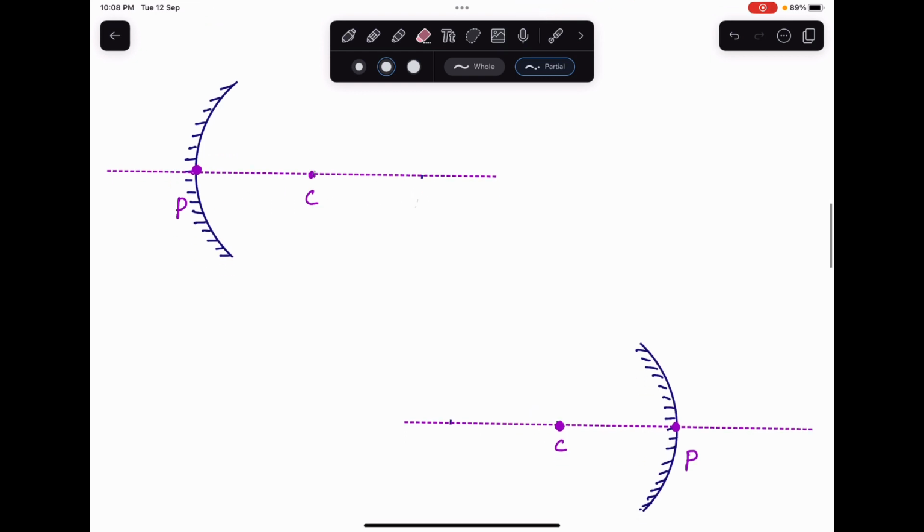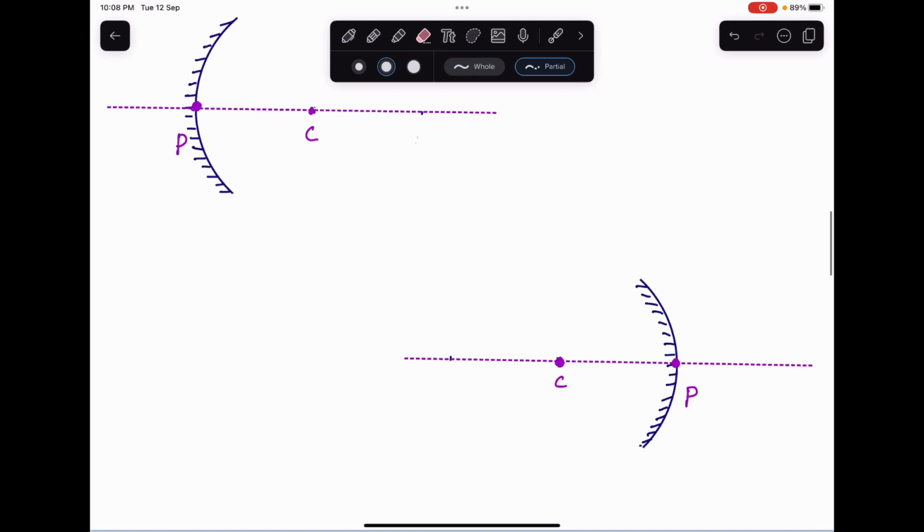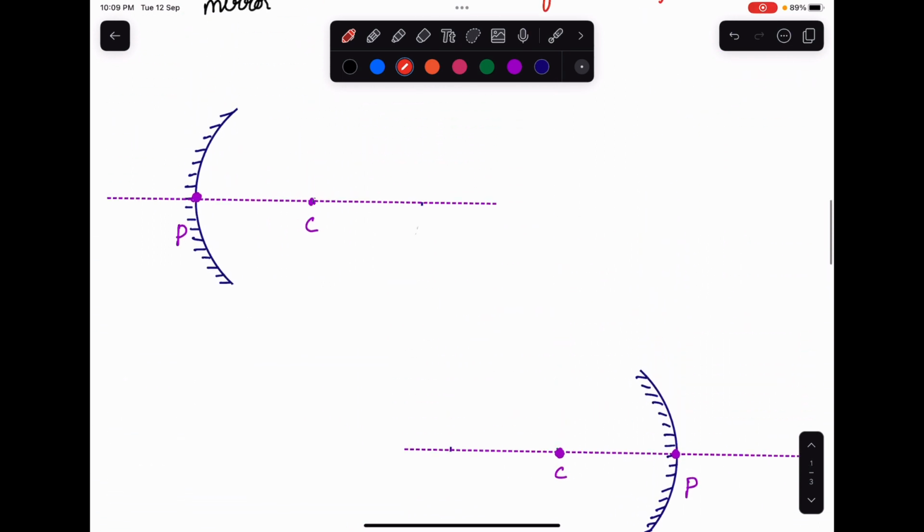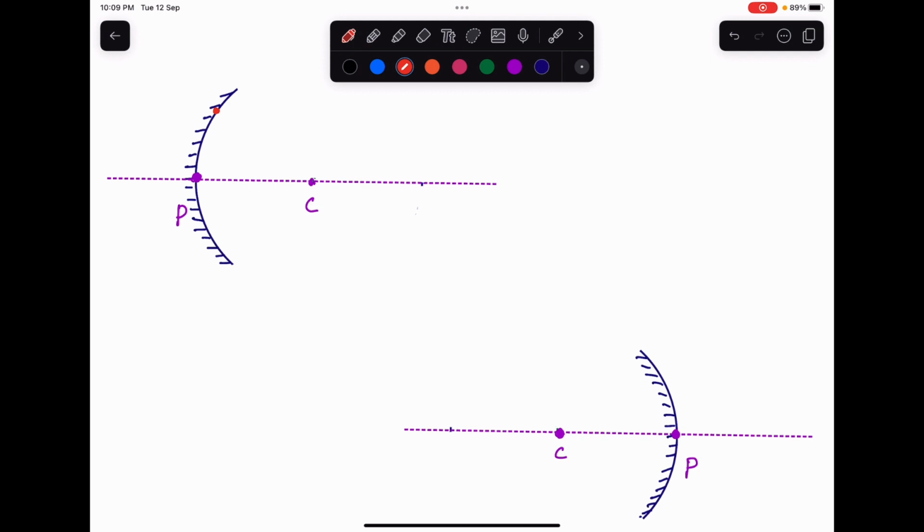So now this is the diagram we got. Now what we are going to learn about is normal. Simply assume there is a point on the spherical mirror where the light is going to be incident, and that point we call the point of incidence.